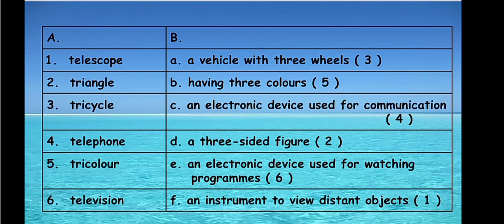Now look at the third one. Tricycle. What is the meaning of tricycle? A vehicle with 3 wheels. You can write over there number 3.